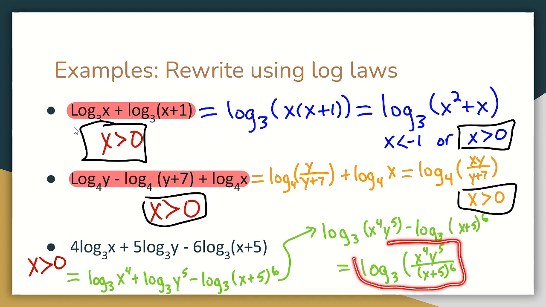On this one, whoops, I don't have my other parentheses in there. Because this is always going to be positive, and as long as here, it doesn't matter what x is there either, it will always be positive because it's an even exponent.